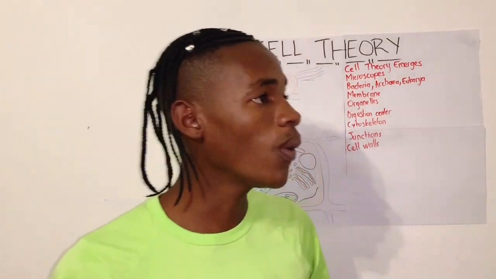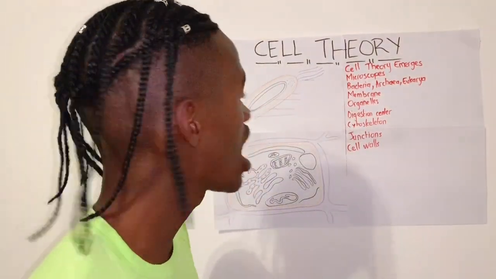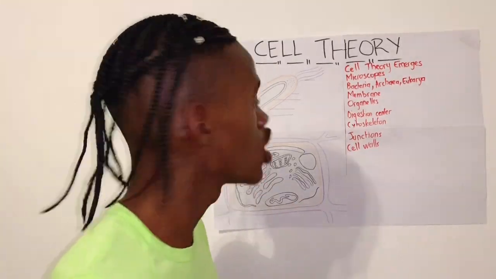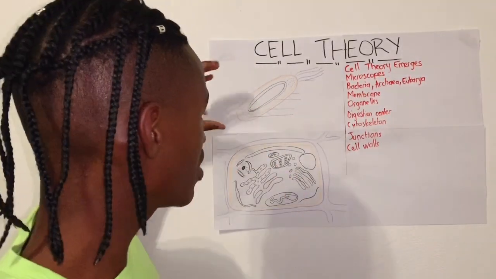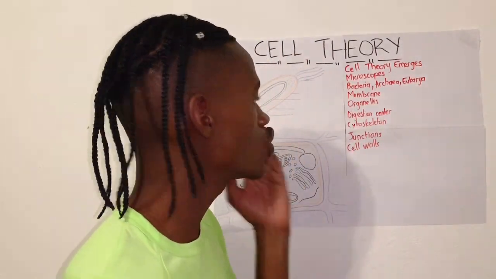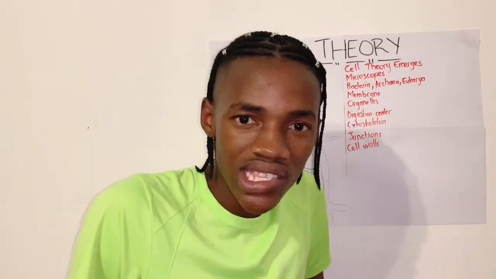And now, as you can see here, I have two different kinds of cells: a bacterial cell and a plant cell. We are going to use the bacterial cell to give a visual representation of what it looks like.